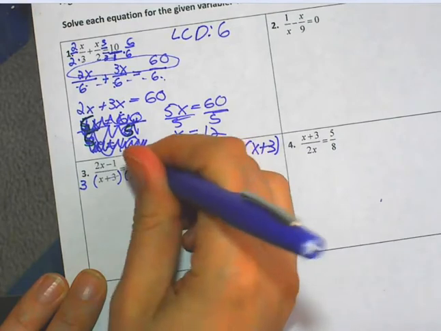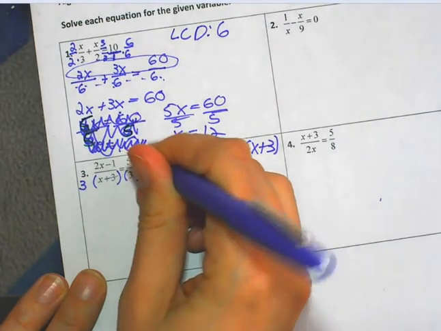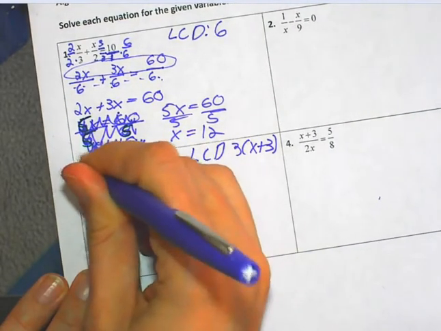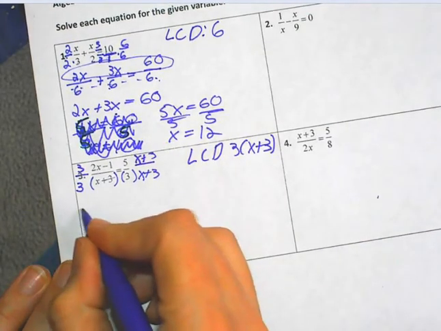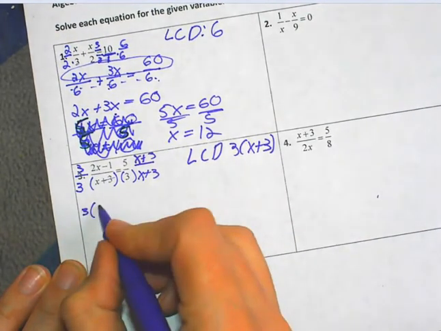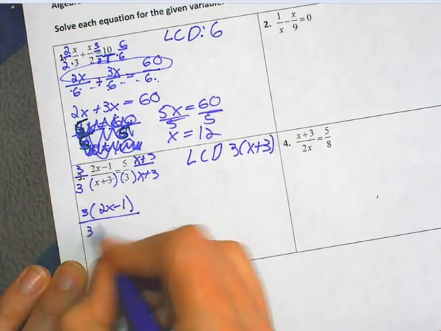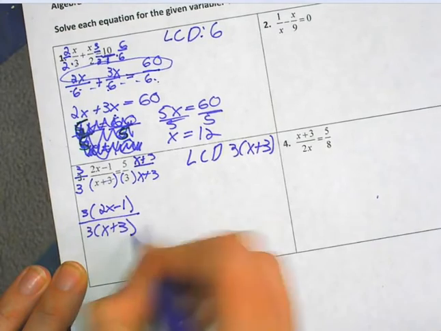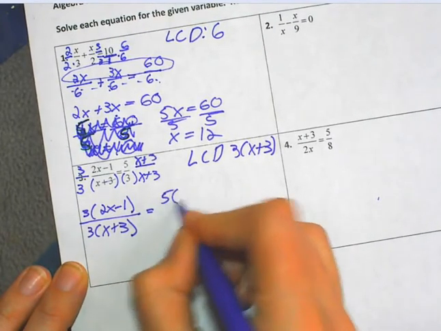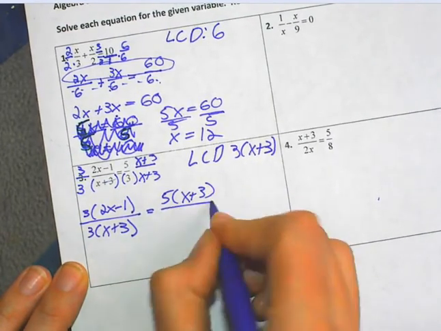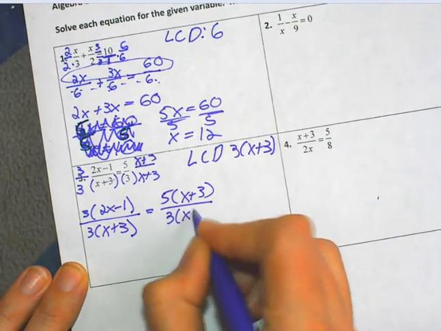But remember, if we do that to the denominator, I'm going to do that to the numerator on both sides. So on the top, I have 3 times 2x minus 1 over 3 times x plus 3 equals 5 times x plus 3 over 3 times x plus 3.